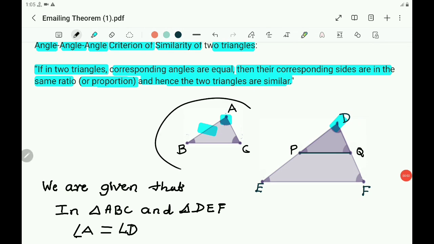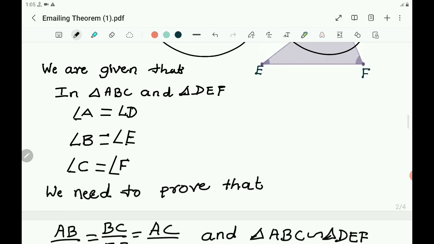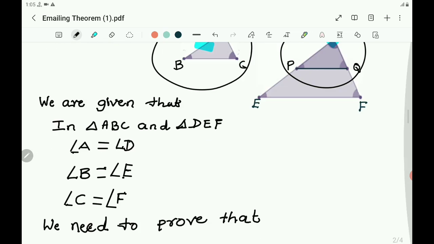After the construction, write the names of these two triangles. Because we have to prove that the two triangles are congruent, write the names: in triangle ABC and triangle DPQ, what are equal?